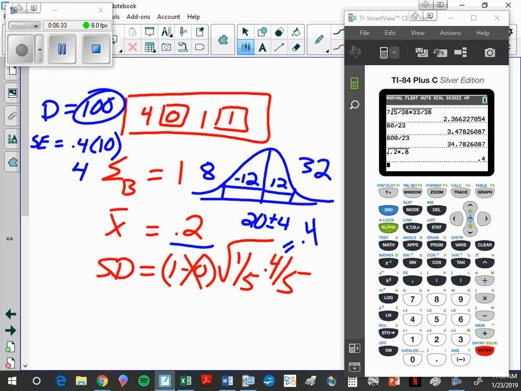My SE is 4. So what percentage is between positive 3 SEs and negative 3 SEs? 99.7. That's our memorized rule. Okay, if you don't remember that, you can always shade norm from negative 3 to 3. All right, number 6.